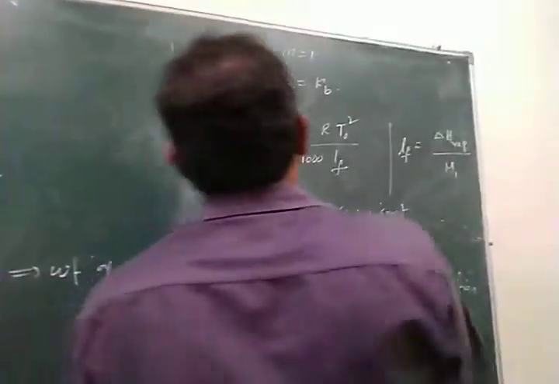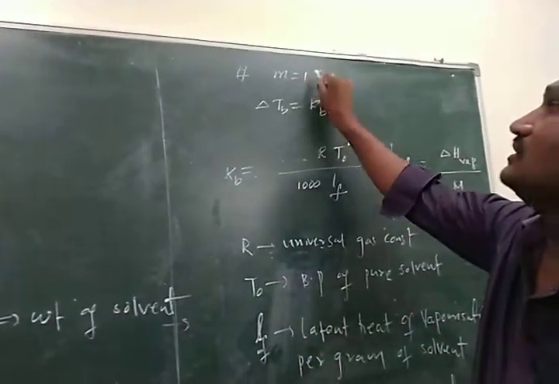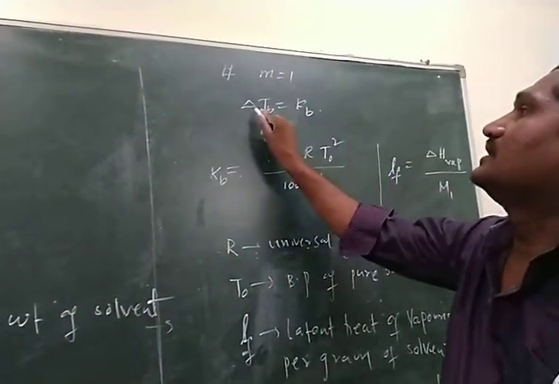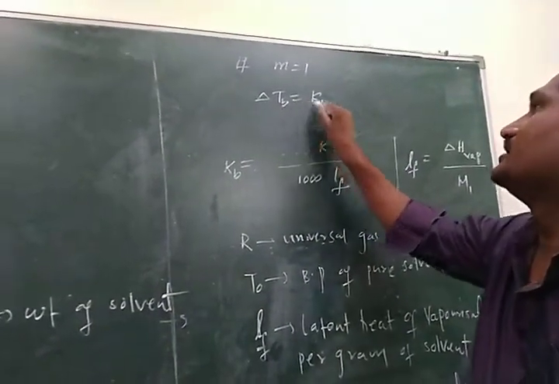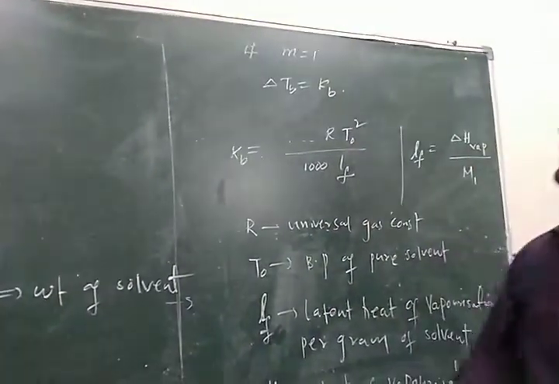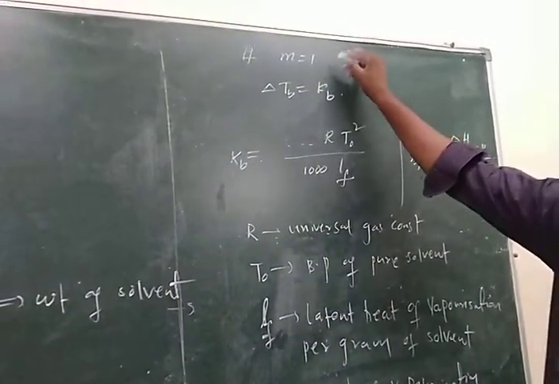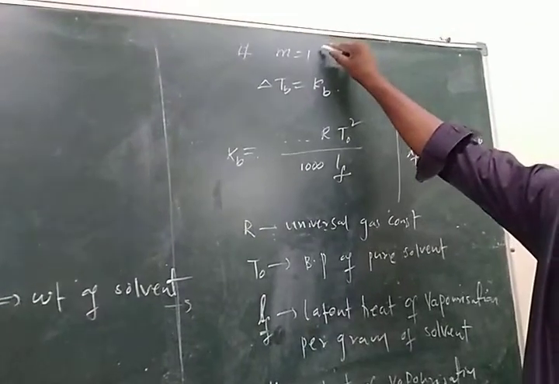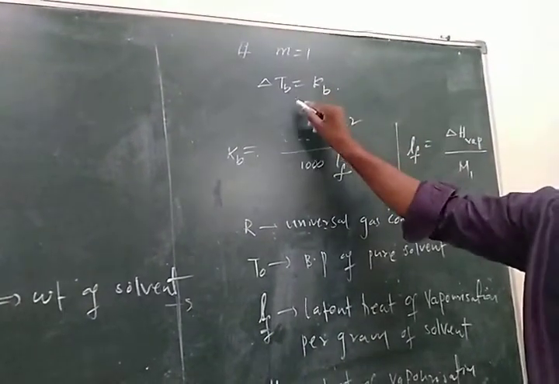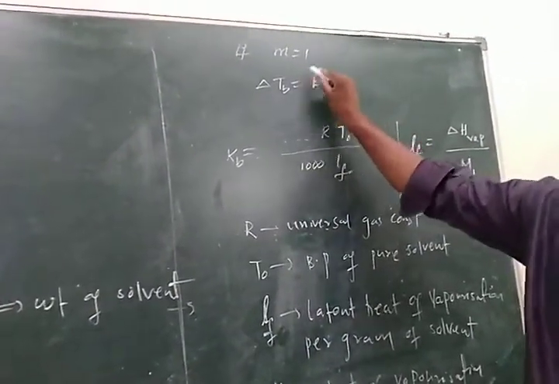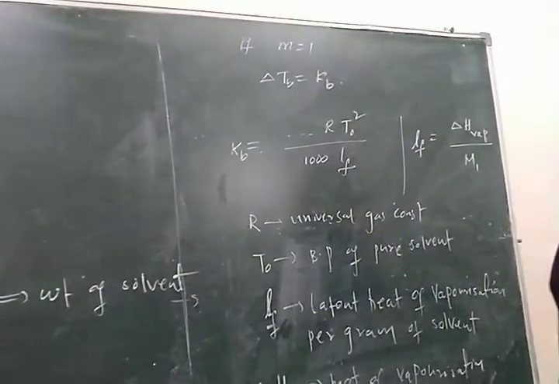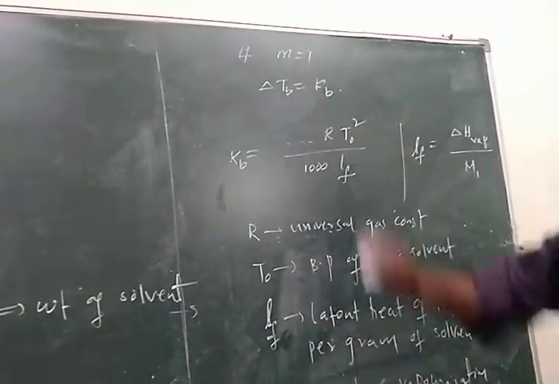Now if molality equals 1, we know that delta TB, the elevation of boiling point, equals Kb. That means for a given solution whose molality is unity, the ebullioscopic constant is equal to the elevation of boiling point of the solution.